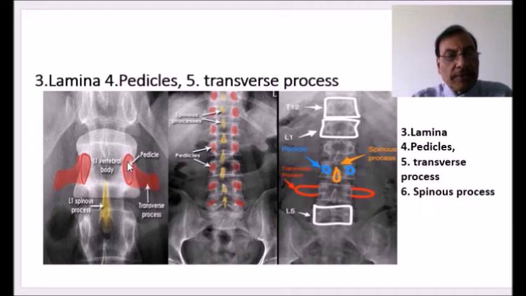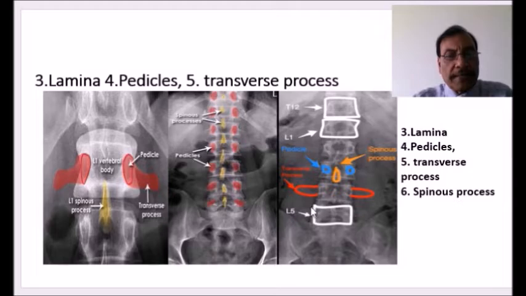Now, once you recognize the pedicle and the spinous processes, a bone which is coming from the pedicle and going towards the spinous process, this is the lamina. This is pedicle, this is lamina, and this is spinous process. Same here: spinous process, pedicle, and the bone going to the spinous process is the lamina.